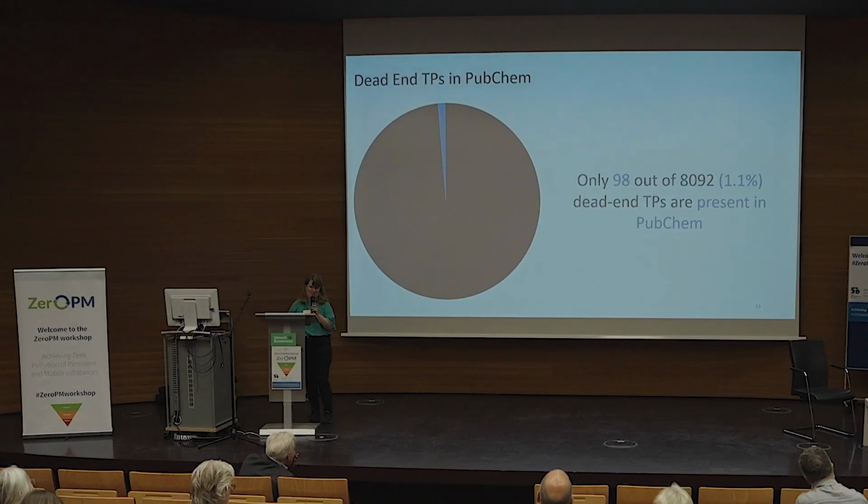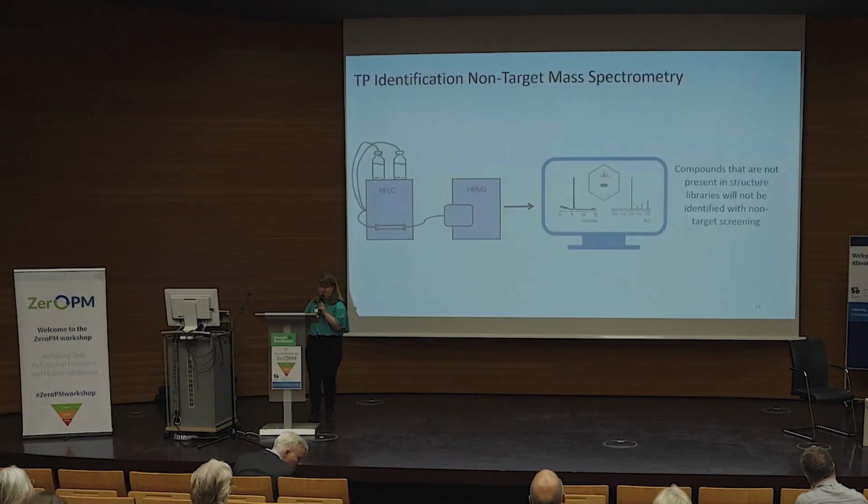So we're still trying to see what the cause of this might be. But what we can say is that from an analytical point of view, it is very concerning if these compounds aren't present in these large structural databases, because this is often what we use to annotate our structures in non-target and suspect screening. And so if these structures aren't present in databases like PubChem, we won't identify them, even if they might be present in the sample.